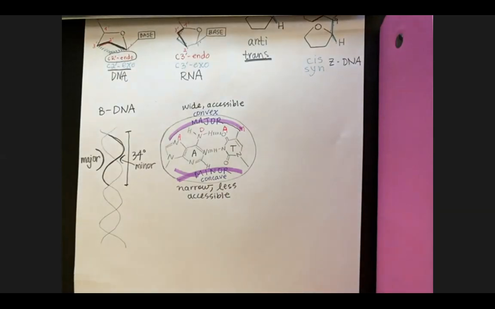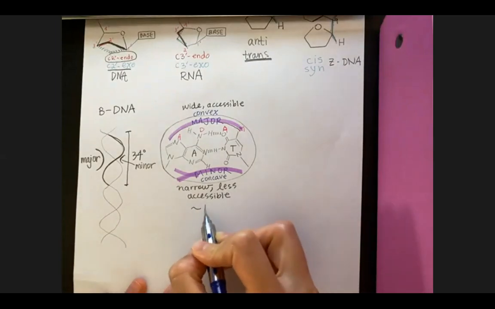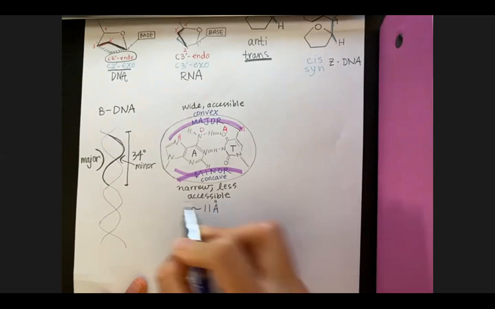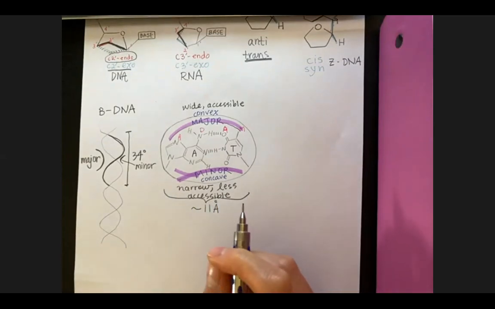Another thing with B-DNA is that it has a very uniform structure. AT, TA, CG, and GC are all about the same width, which is 11 angstroms. And the base pairs also all have a similar shape.